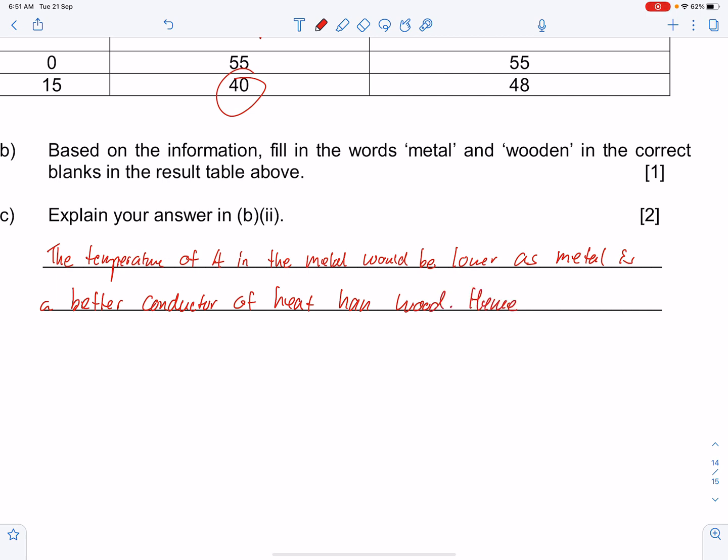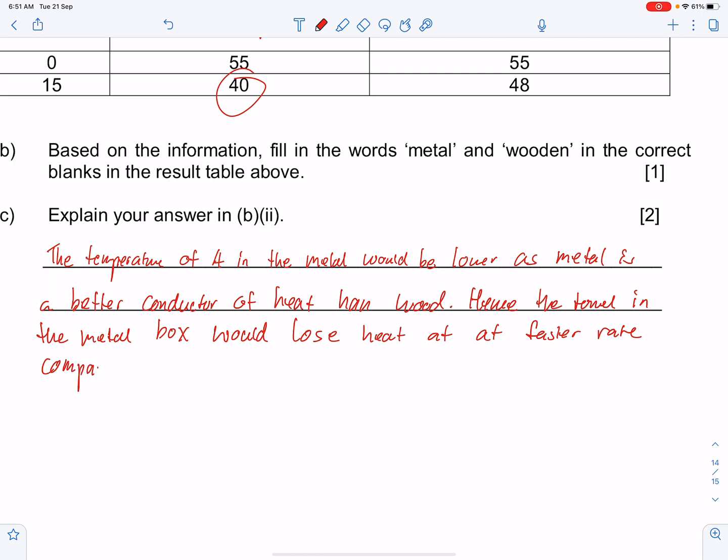Hence, the tower in the metal box would lose heat at a faster rate compared to the tower in the wooden box.